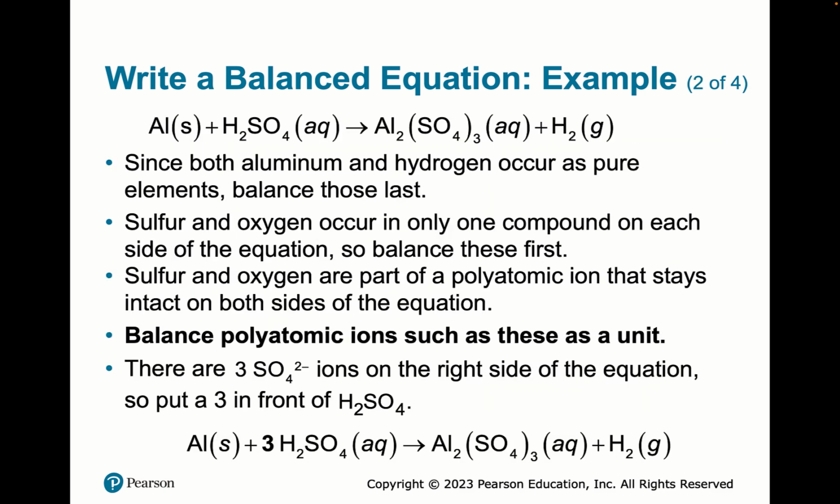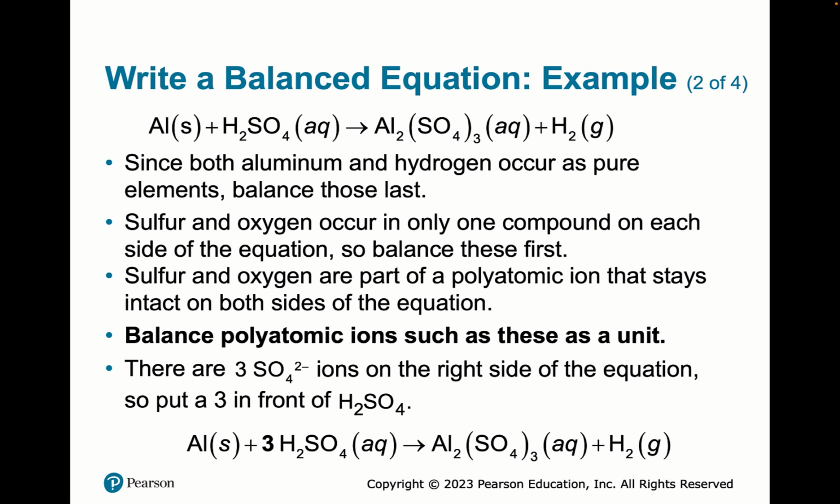We start with the metals first, so aluminum, and also sulfur is found in both of these. Aluminum and hydrogen are both pure elements, so you can go either way. You can do it any way you want. I would have put a 2 in front of the aluminum already, but that's me.